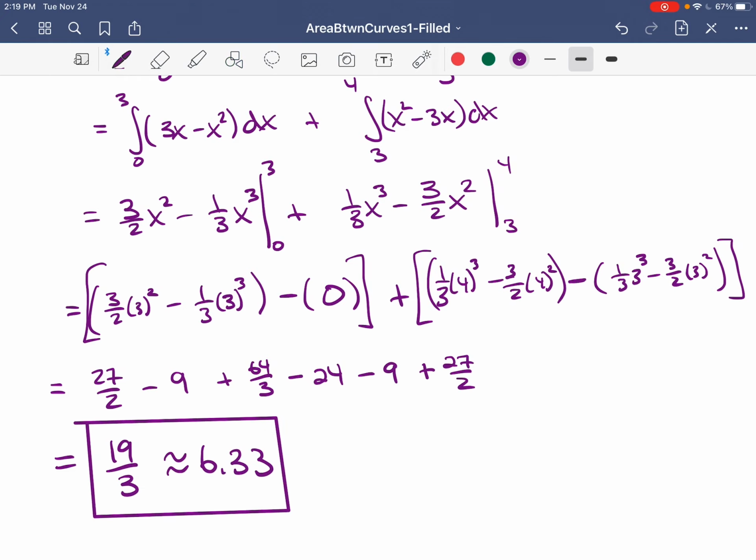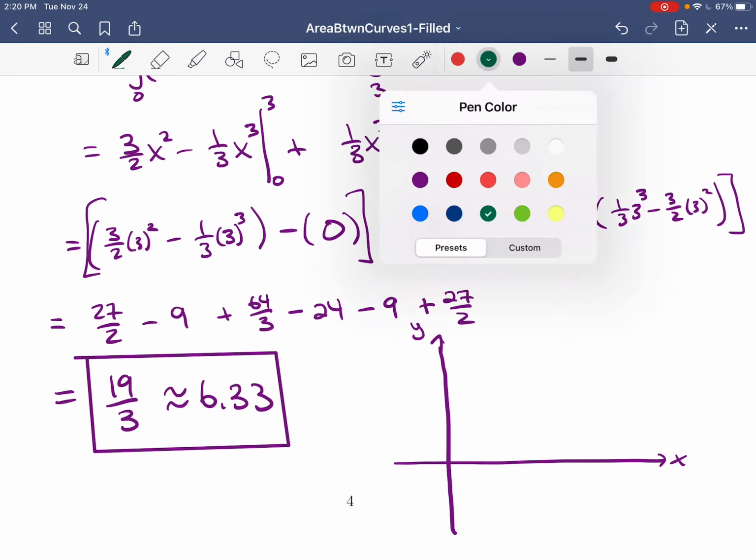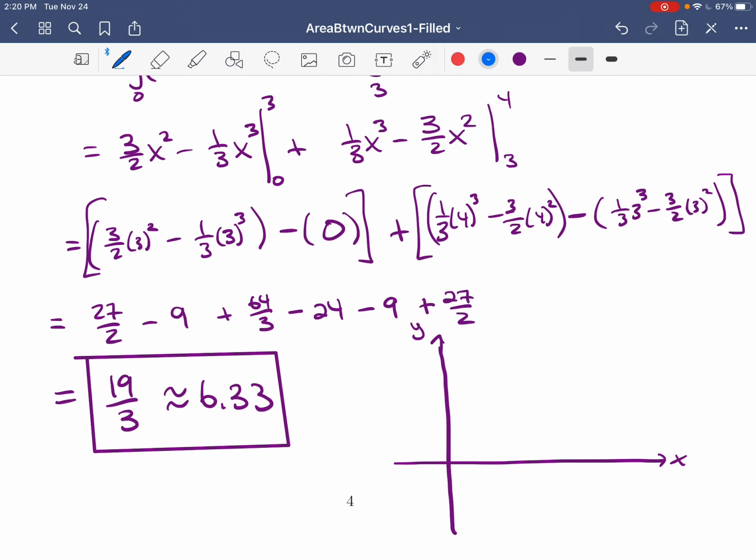Okay, again, I'm going to draw the picture just so we can get an idea of what this looks like. But like I said, we did all of it without needing it. The f of x has zeros at 0 and 2, so it's a parabola that looks kind of like that.